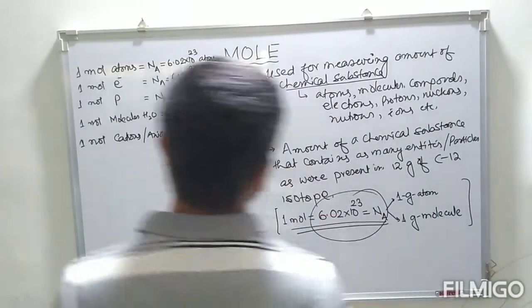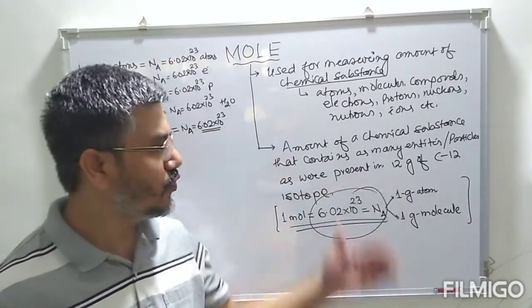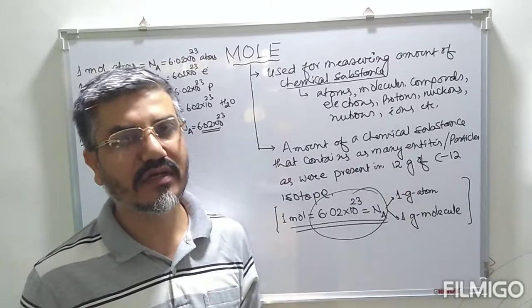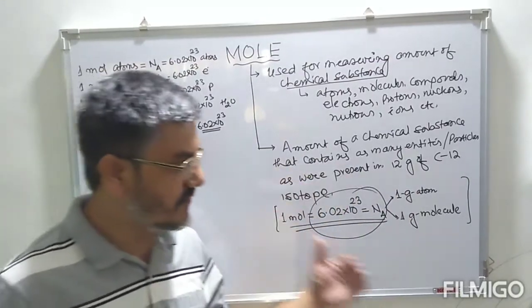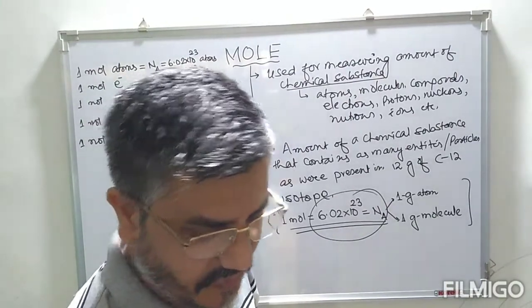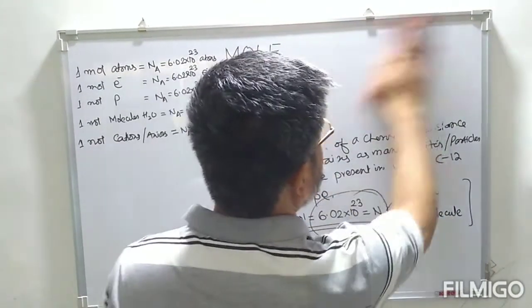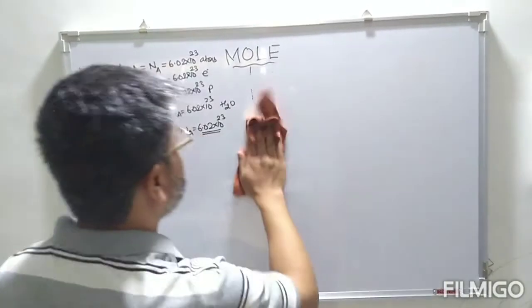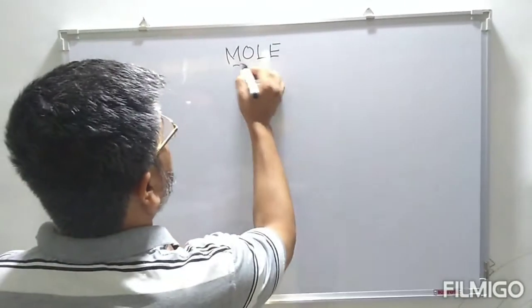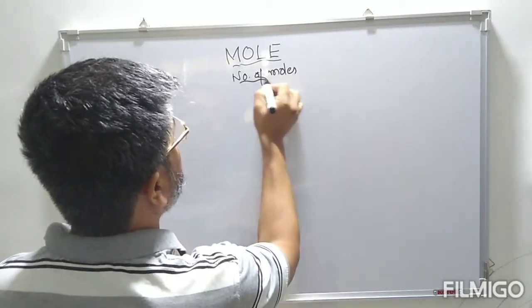Now, once we have defined this mole, the next question that comes to mind is how to calculate the number of moles in any given chemical species. And what are the different methods, the different ways by which this quantity called mole can be derived? So let's see the calculation of number of moles.